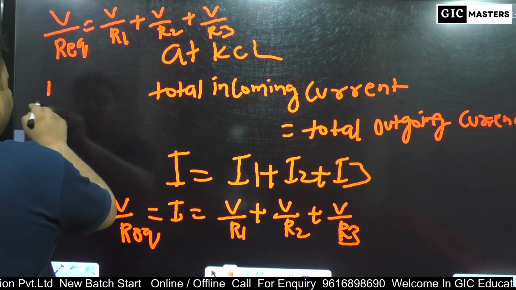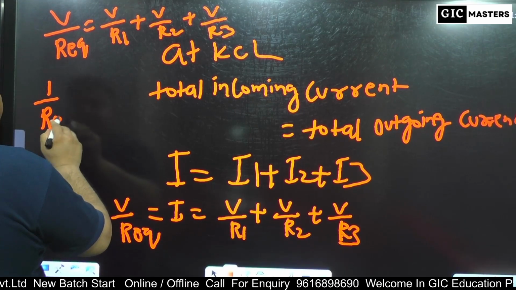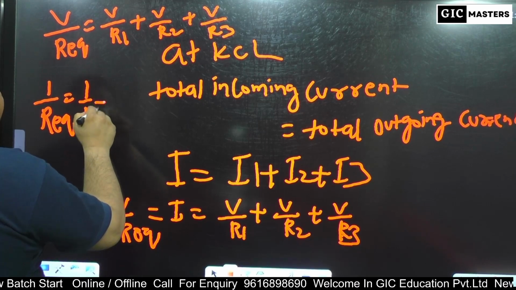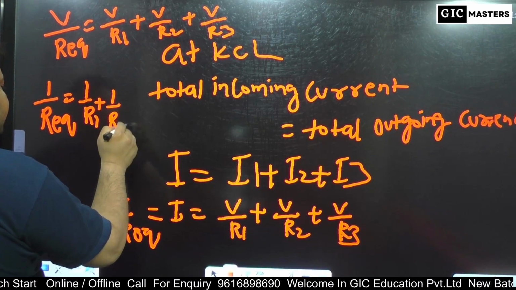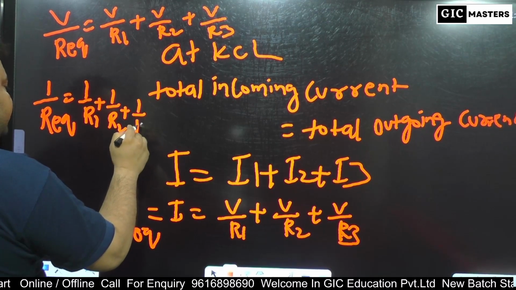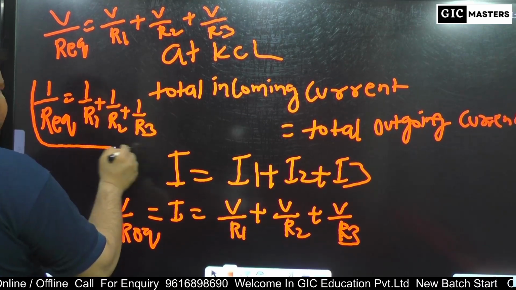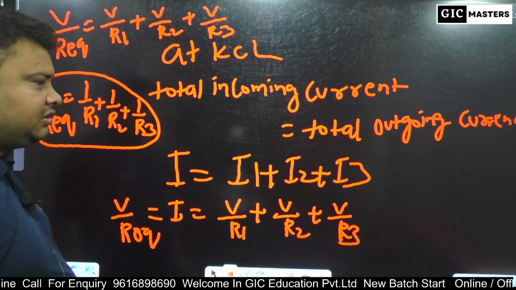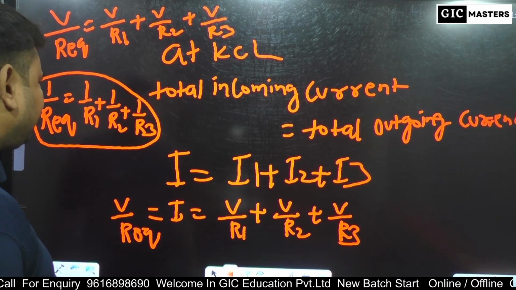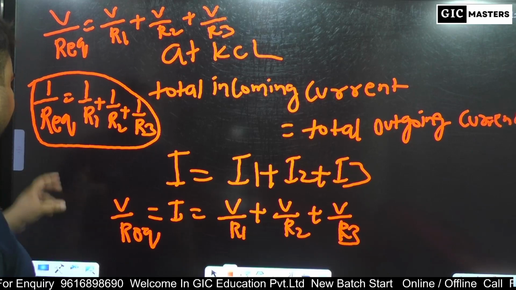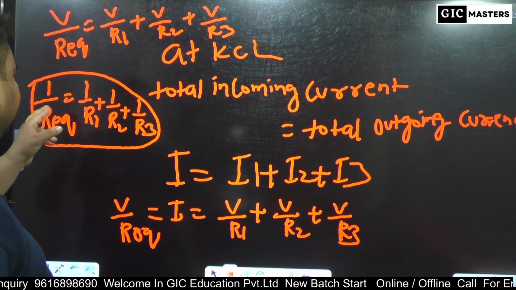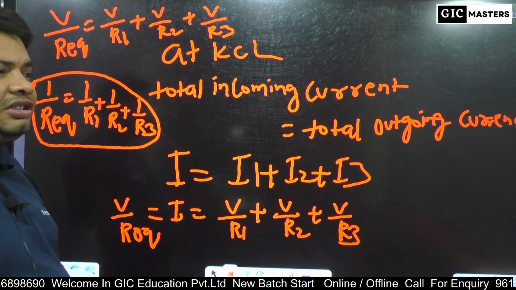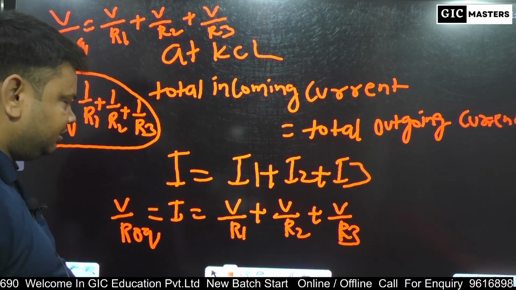So 1 by R equivalent equals 1 by R1 plus 1 by R2 plus 1 by R3. This is the final expression of resistance in the case of a parallel combination, when three resistors are connected in parallel.